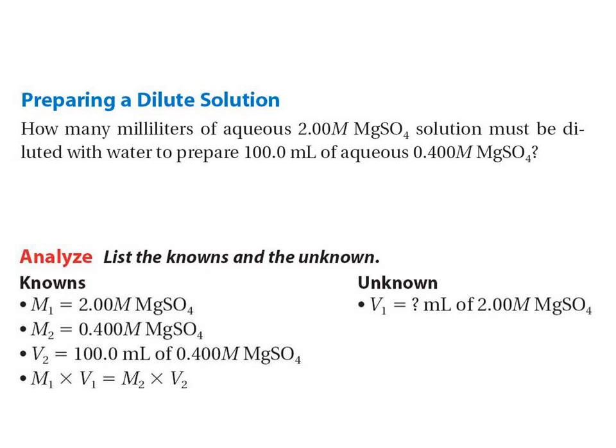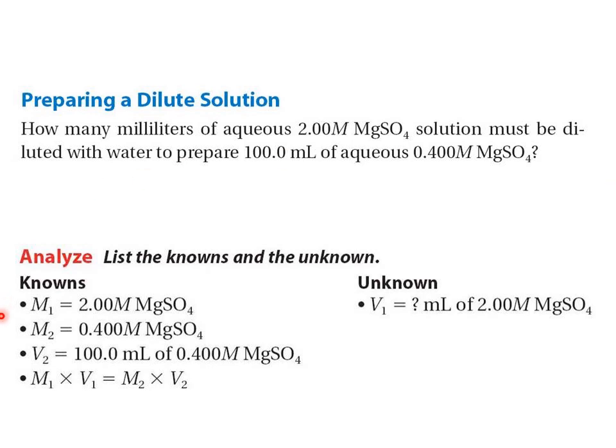So, in preparing a diluted solution, here's a problem. How many milliliters of aqueous 2 molar magnesium sulfate solution must be diluted with water to prepare 100 ml of aqueous solution of 0.4 molar magnesium sulfate? So, first, list the knowns and the unknowns.